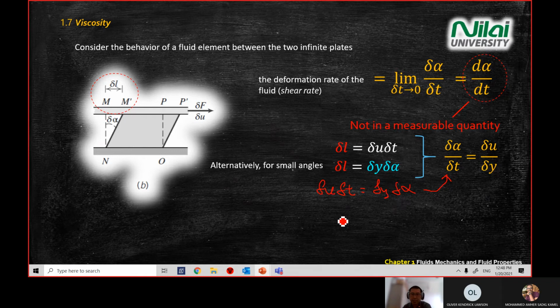You rearrange this one, del u over del y equal to del alpha over del t. Okay, remove this term over here because these two are in a multiplication relationship.